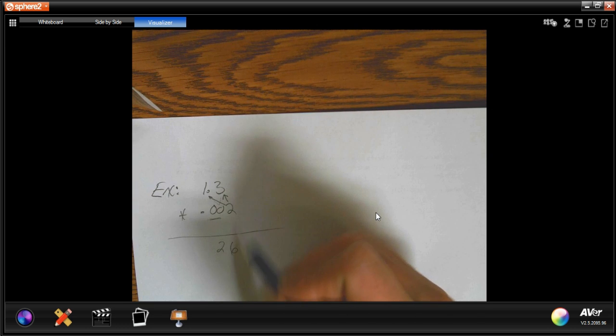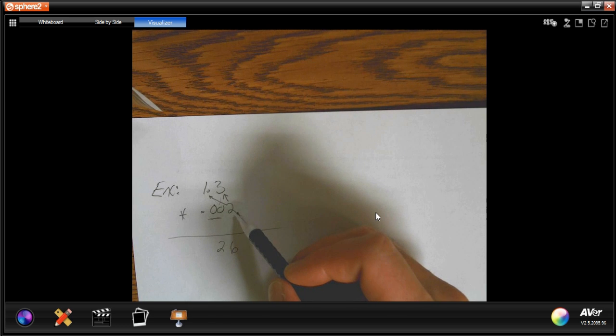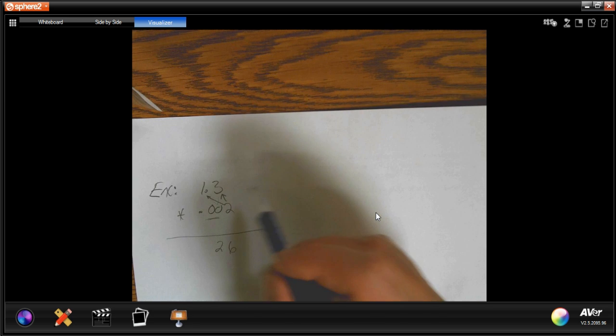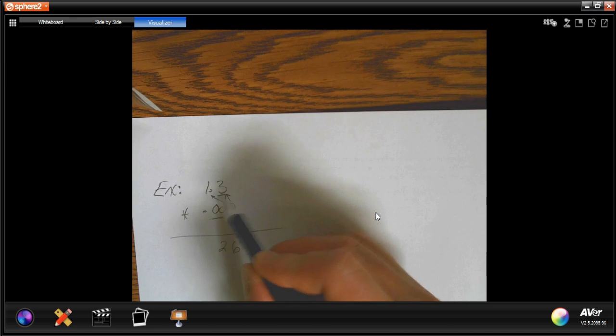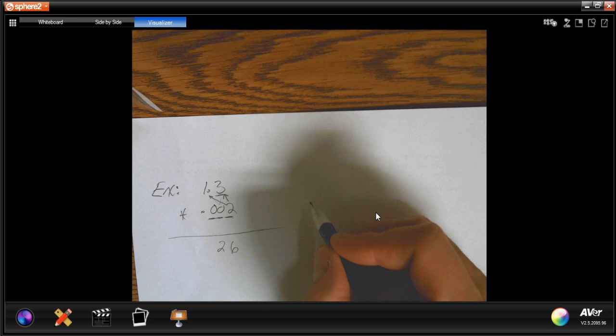So what we do now, since we're done multiplying numbers here, we have to count our decimal places, just like we normally do when we're multiplying with decimals. So we're looking to count the number of digits that are after the decimal point. So we've got 1, 2, 3, and 4 numbers after the decimal point.